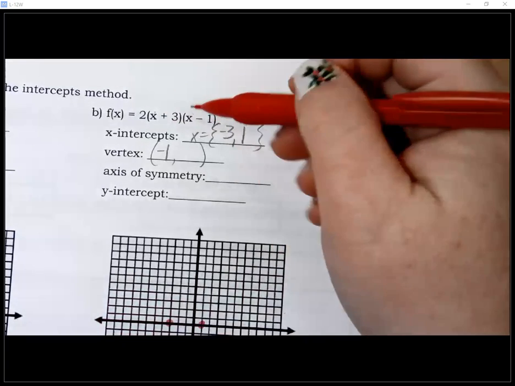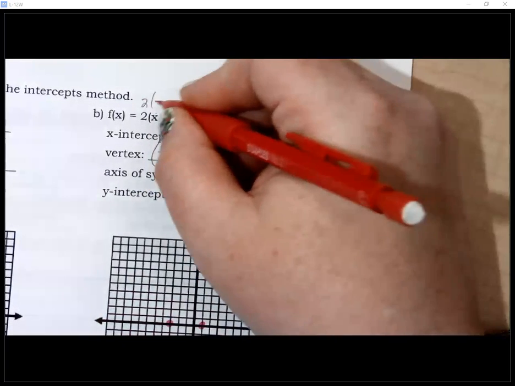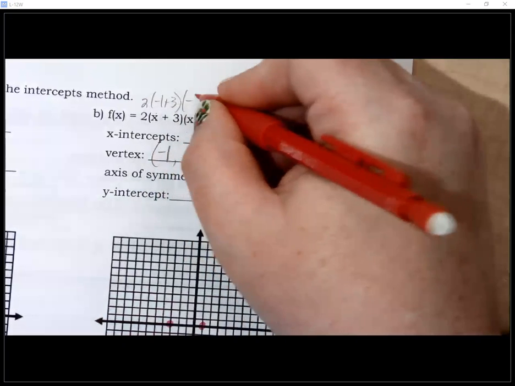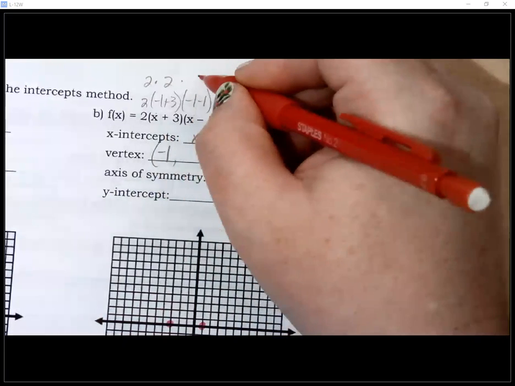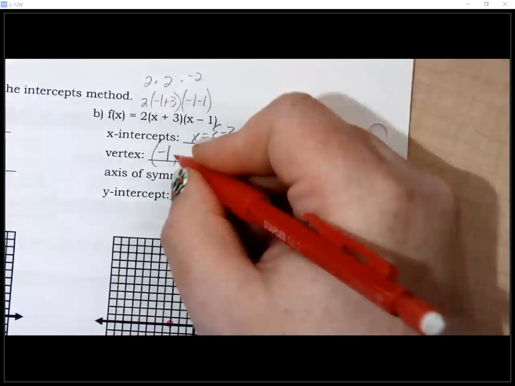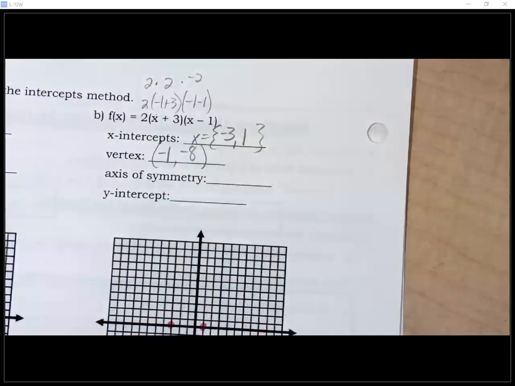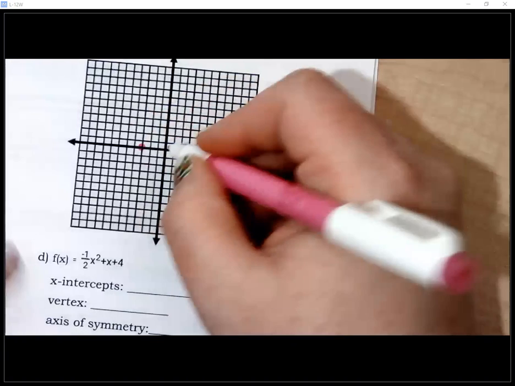So I'd have 2 times -1 squared plus 3 times -1 minus 1. If I just do that math out, that's what I get. Double check that that's what you get. Yeah, we're okay. All right. And also when I plot that, -1, -8.